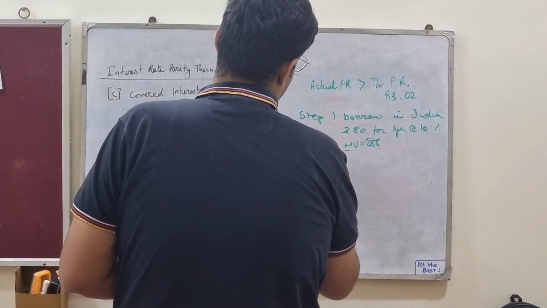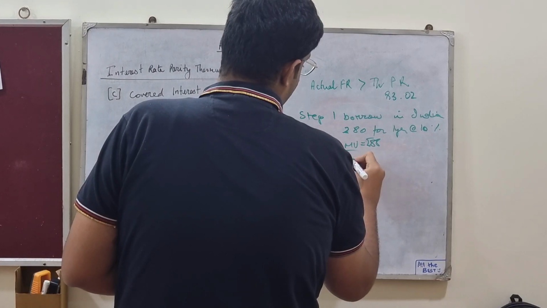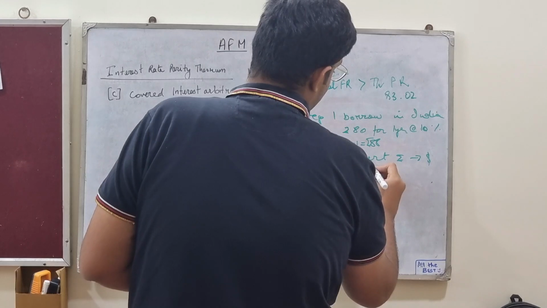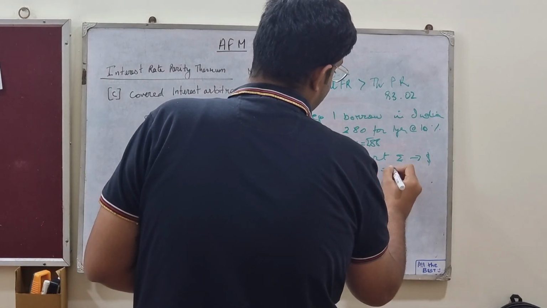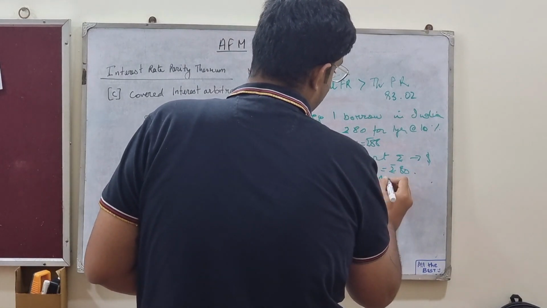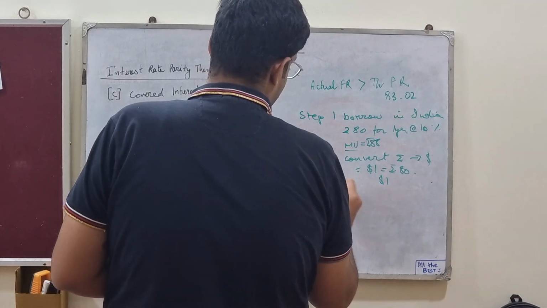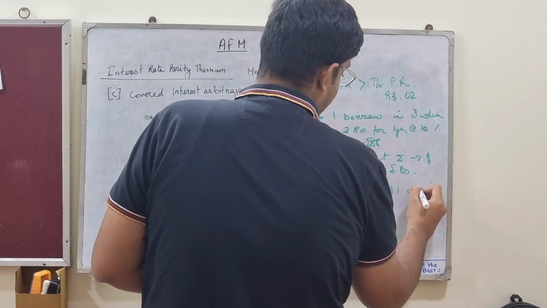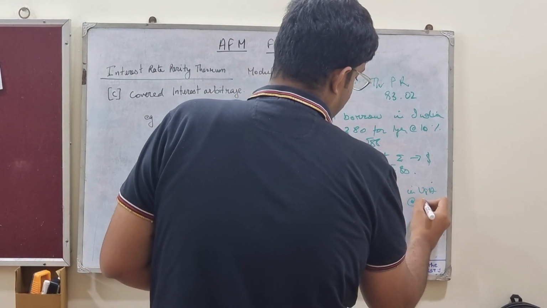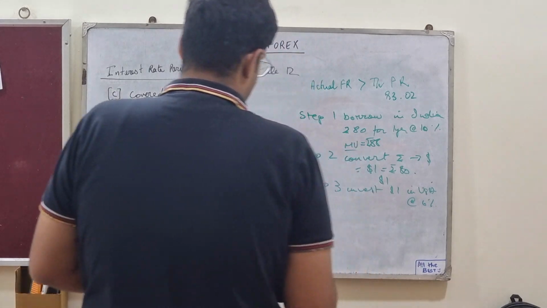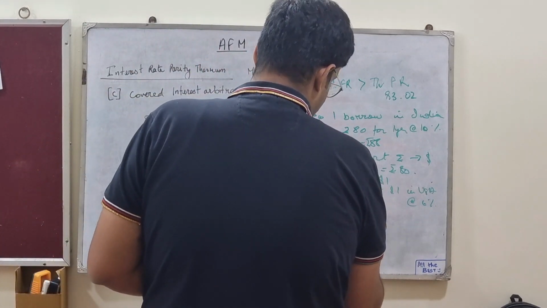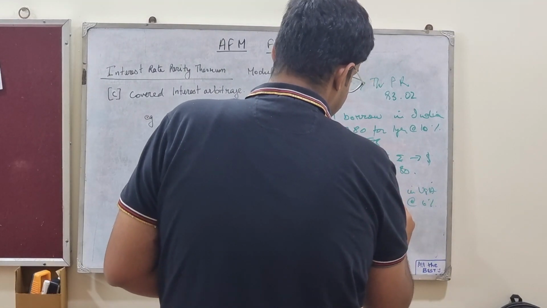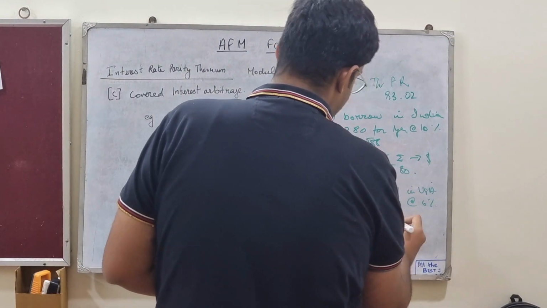Step 2 would be convert rupees to dollars, where $1 is equal to 80 rupees. So we get $1. Step 3, invest $1 in the US at 6% per annum. The maturity value would be $1 plus 6%, that would be $1.06.